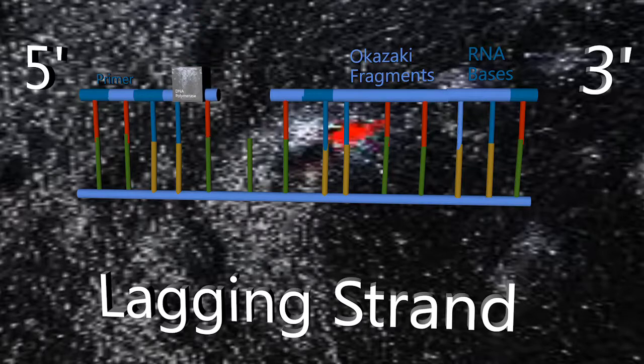The DNA polymerase, however, places the DNA bases in the 5' to 3' direction, which is opposite to the direction of the lagging strand, which is 3' to 5'. This is why the lagging strand takes a lot longer than the leading strand.